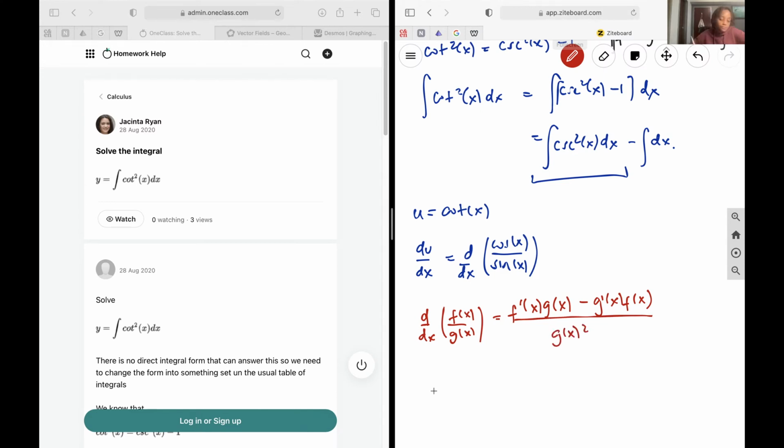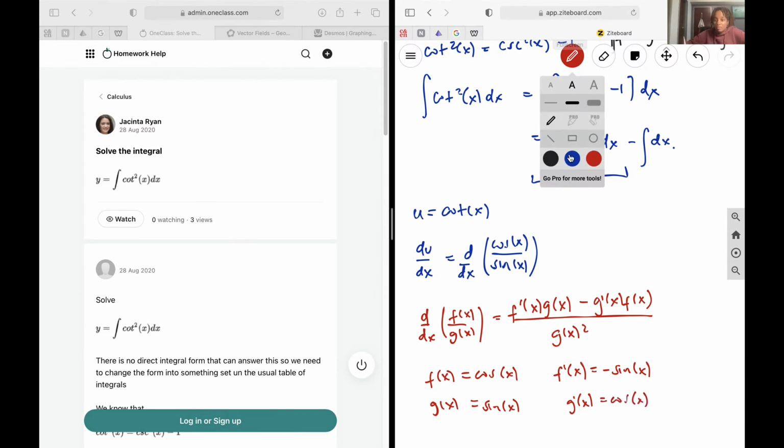And so if f of x is equal to cos x, the derivative is equal to negative sine x. g of x is equal to sine x. The derivative is equal to cos x.